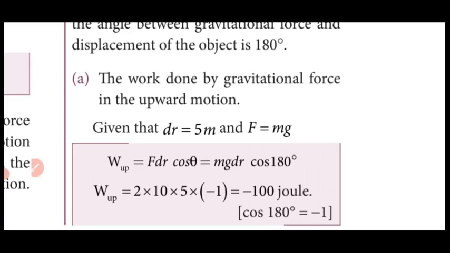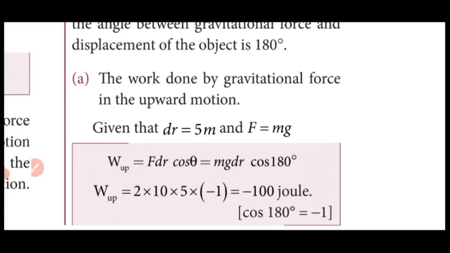The height is nothing but the displacement, so dr is equal to 5 meters. From Newton's law, F is equal to ma, where a is the acceleration due to gravity g, so F is equal to mg.